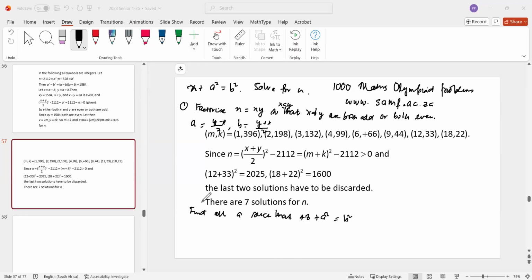To solve this, you take all the possible factorizations of 48, where both must be even or both must be odd. So you get 2 times 24, both even. You can't take 3 and 16 because it doesn't work, right? But you can have 4 times 12, or 6 times 8. And that's it. We want x to be smaller than y.